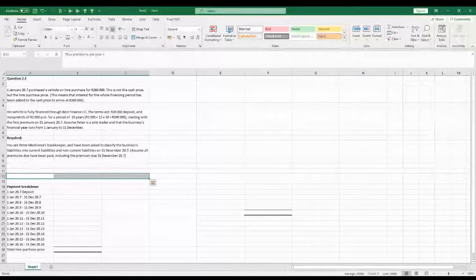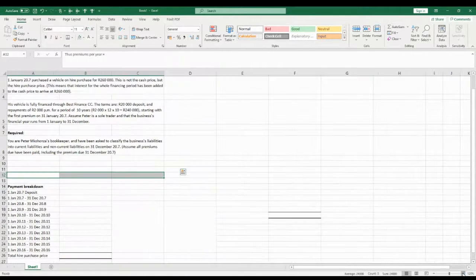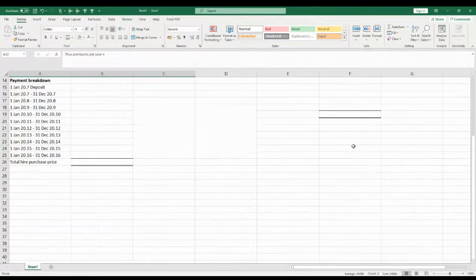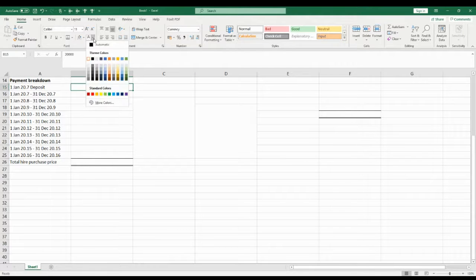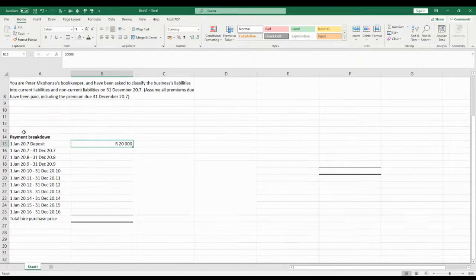What is very important while we wait for the screen to come up, you'll see at the top is the information. I'm just going to increase the size of it so that you can see all the information. How I started is I did a payment breakdown. The question stated that we are paying a deposit of 20,000 right in the beginning.